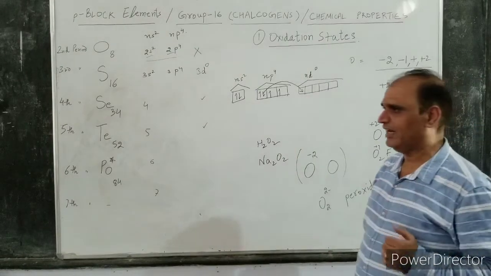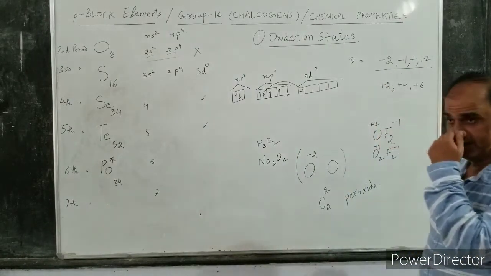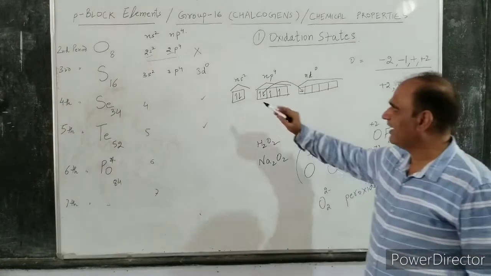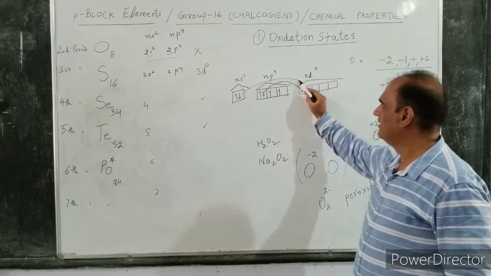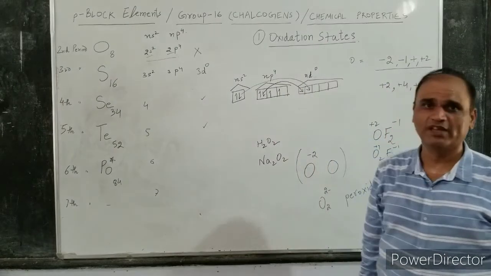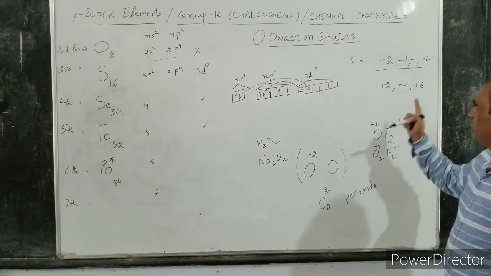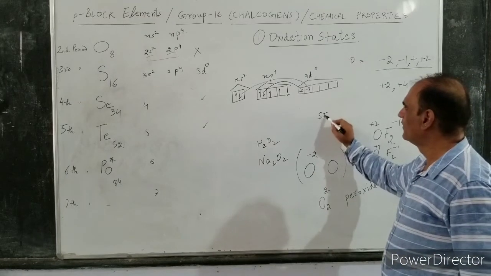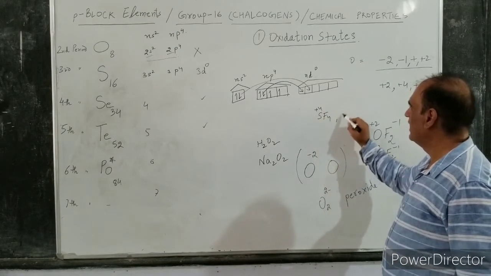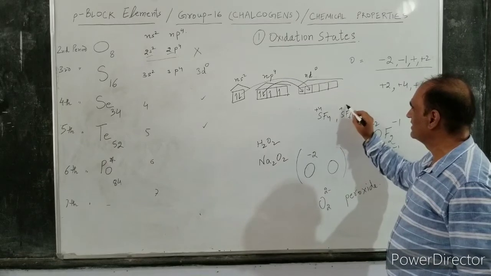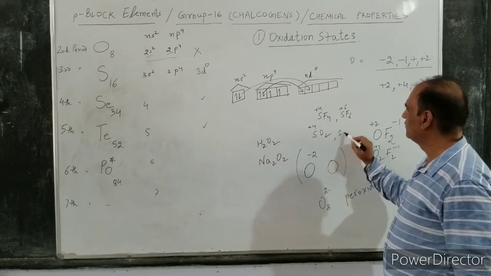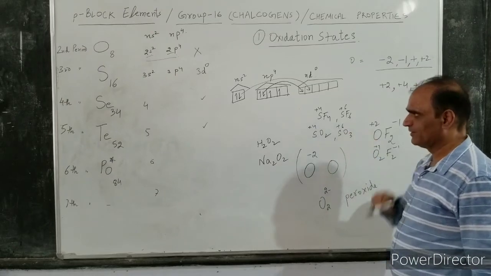When these 4 electrons are shared, the state will become +4. Similarly, in second excited state, when this electron jumps here by gaining energy, it will show +6. Compounds like SF4, sulfur is +4; SF6, sulfur is +6; SO2, sulfur +4; SO3, sulfur +6.